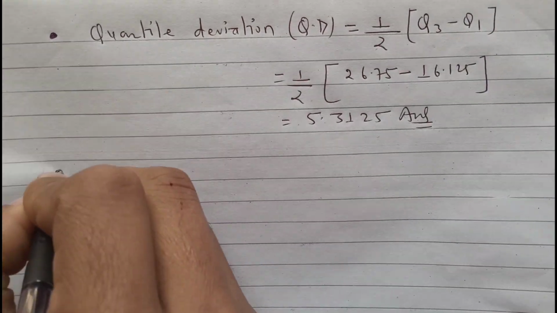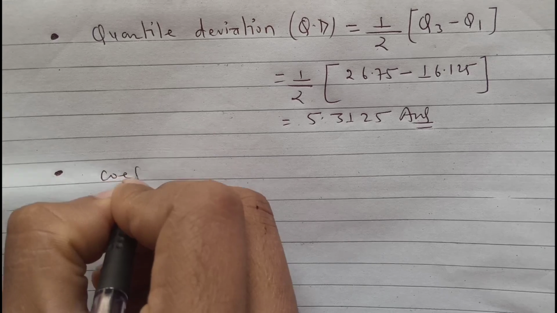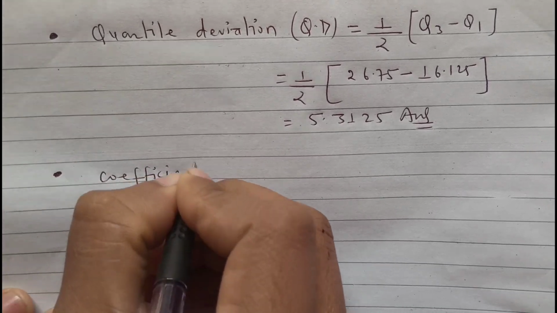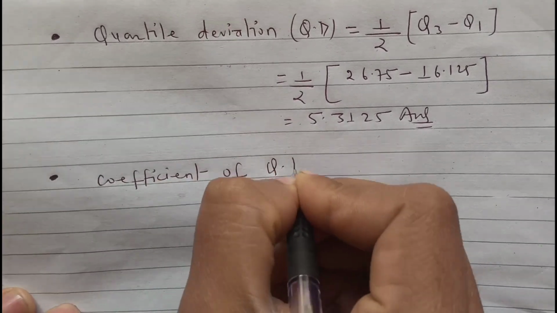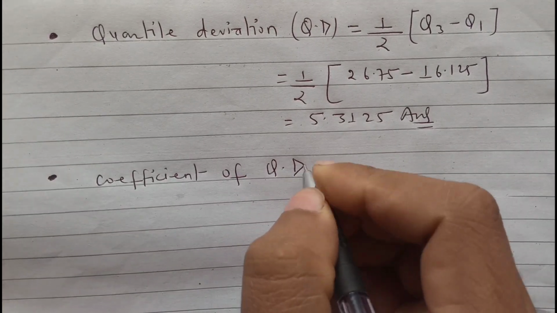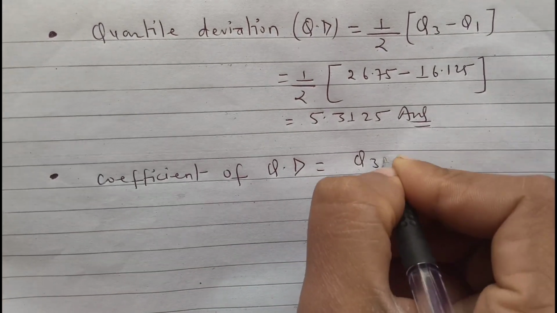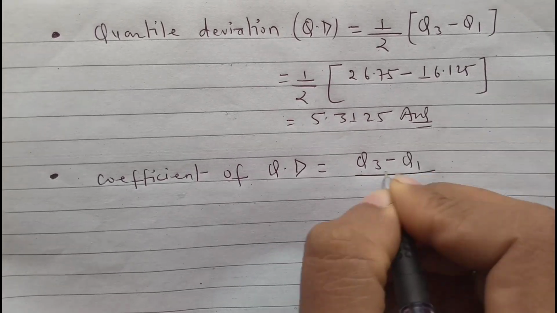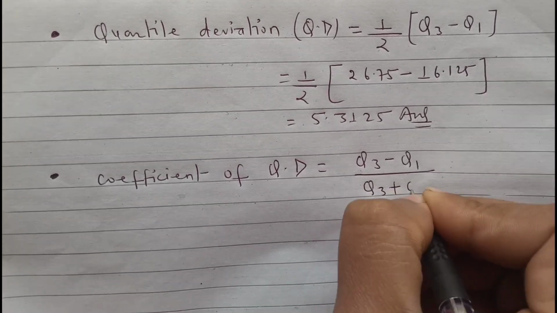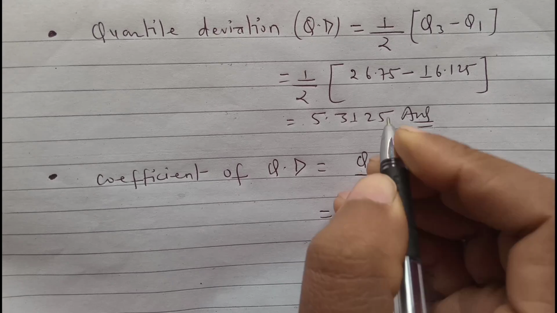So the last question is the coefficient of quartile deviation. What is the formula of the coefficient of quartile deviation? The formula is Q3 minus Q1 divided by Q3 plus Q1. So what is the value of Q3?